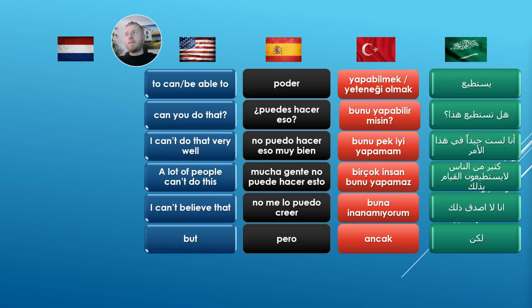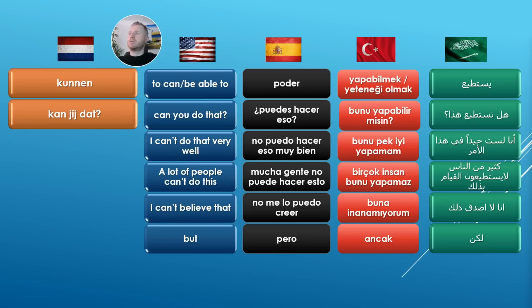To can, be able to, in Dutch: kunnen. Can you do that? Kan jij dat? We can also say, kun jij dat? Both are correct. I can't do that very well: ik kan dat niet zo goed.